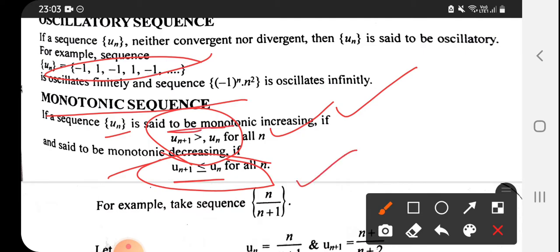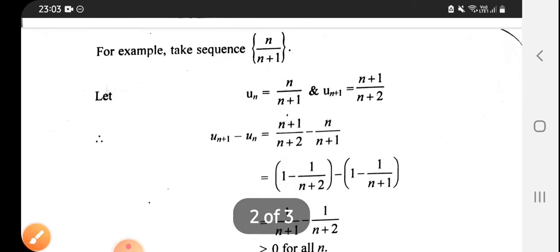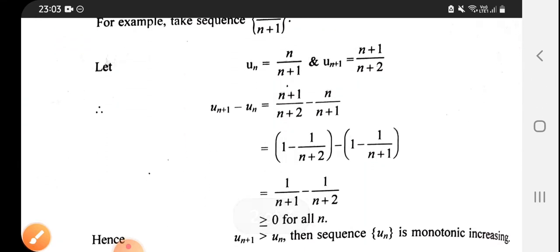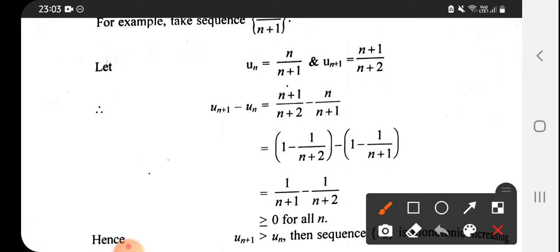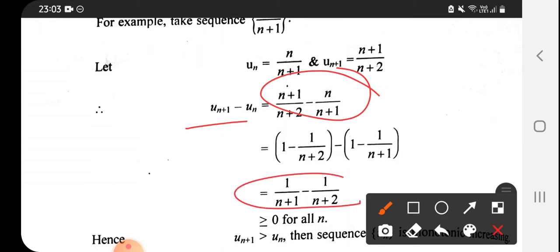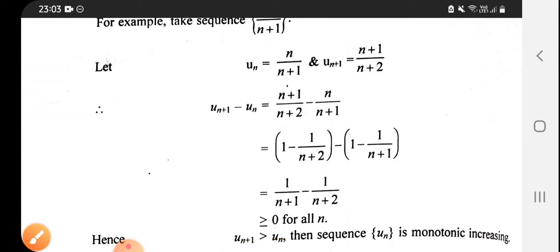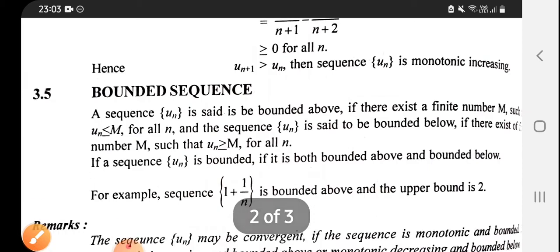For example, n upon n plus 1: if we replace n by n plus 1, we get un plus 1, and find the difference of un plus 1 and un. We get this expression. After simplifying, we get that this is greater than or equal to 0. That's why this is monotonically increasing.